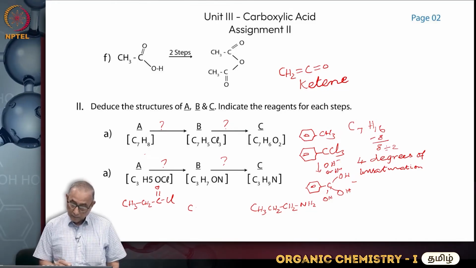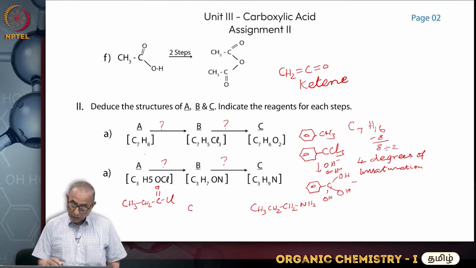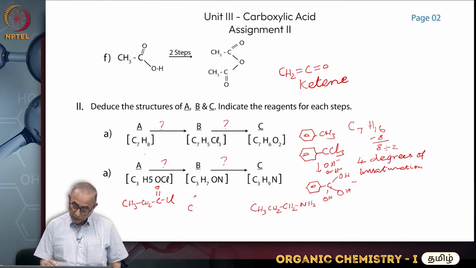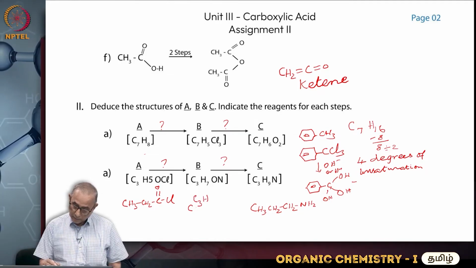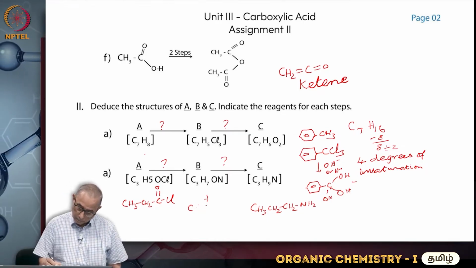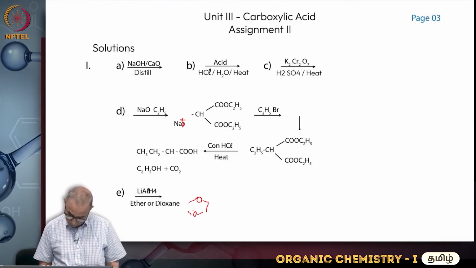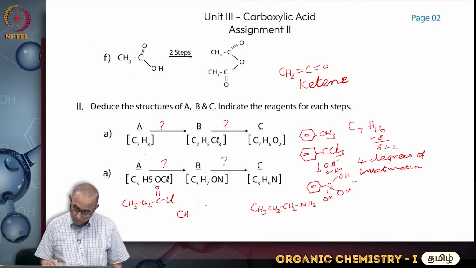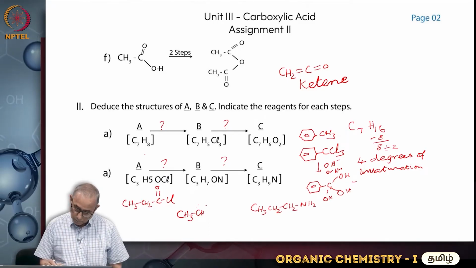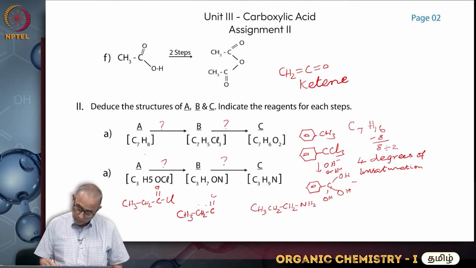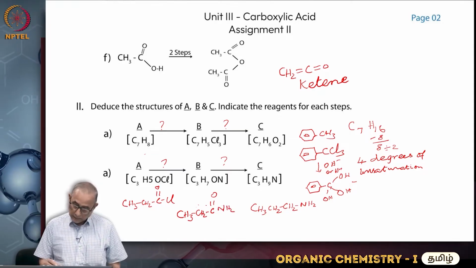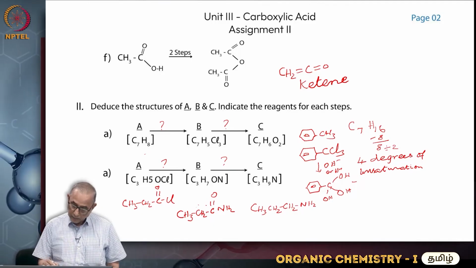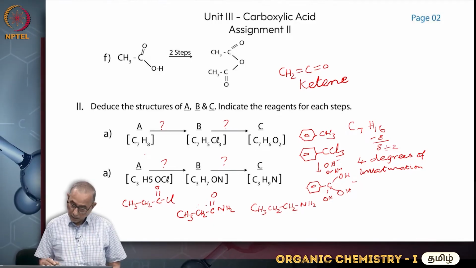So an acid chloride, this on treatment with some reagent becomes C3H7ON. You can see the hydrogens 3 plus 2, 5 plus 2, 7, 1 nitrogen, 1 oxygen, 3 carbons.